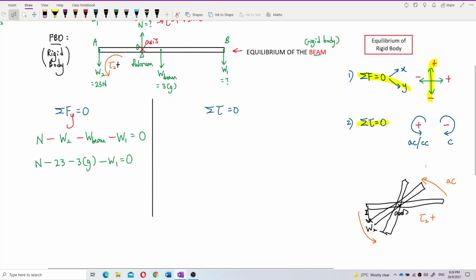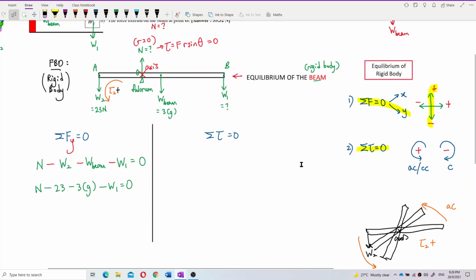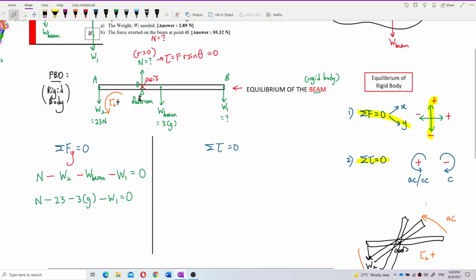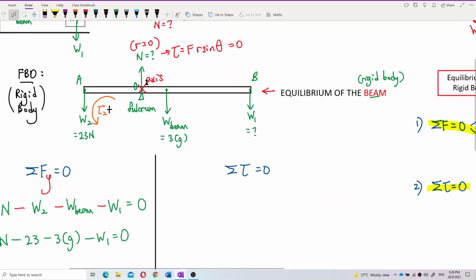So this is W2. W2 makes the object rotate anti-clockwise. Now how about the normal force? This one has zero distance, because the normal force acts directly on the axis of rotation. So the r is 0, and when r is 0, the torque is 0. So this one has zero torque. And then how about the beam? The beam will make the object rotate clockwise.